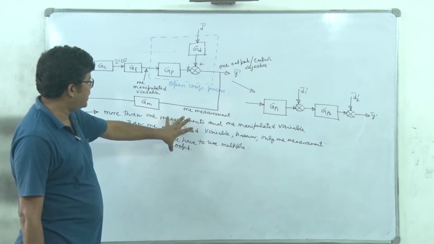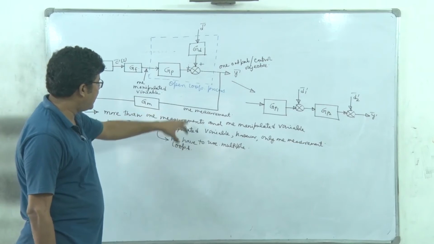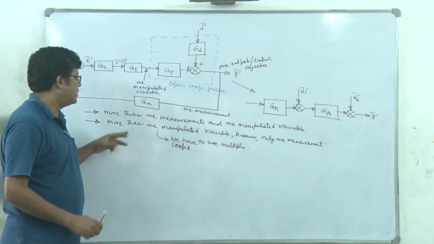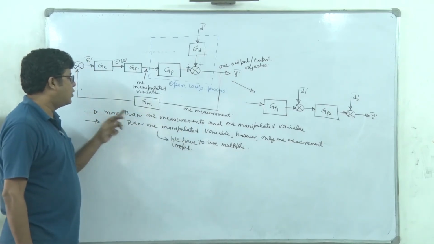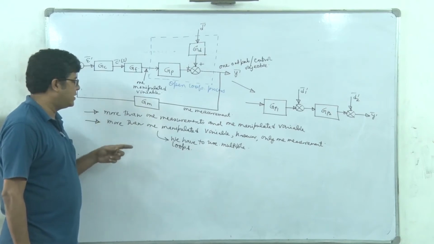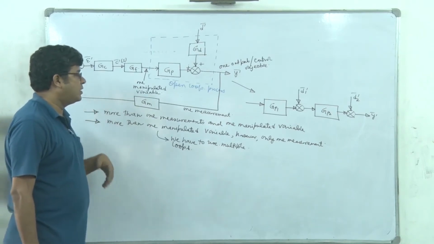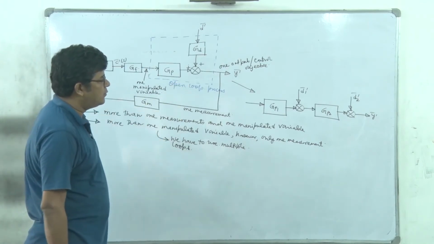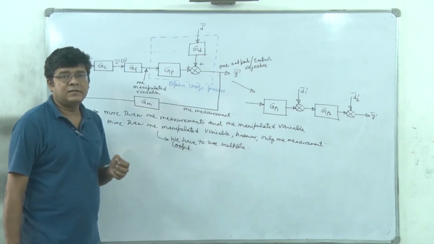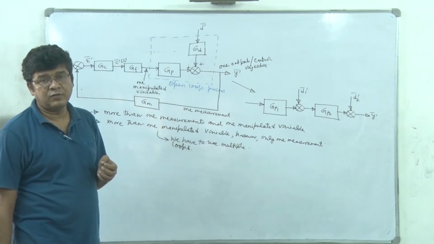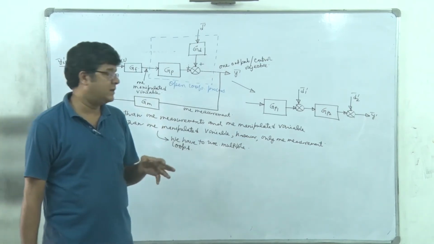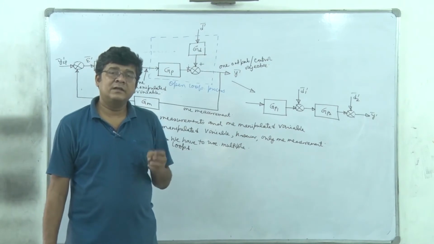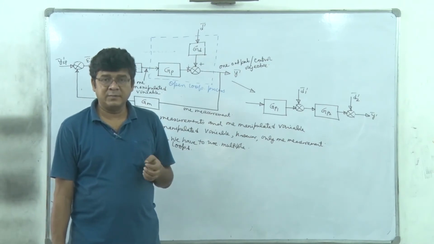They all fall within these 2 fundamental categories: more than 1 measurement and 1 manipulated variable, or more than 1 manipulated variable and 1 measurement. Within these 2 broad types, we can categorize these 3 different advanced control strategies, which we will discuss in detail: cascade, then selective, and finally split range.